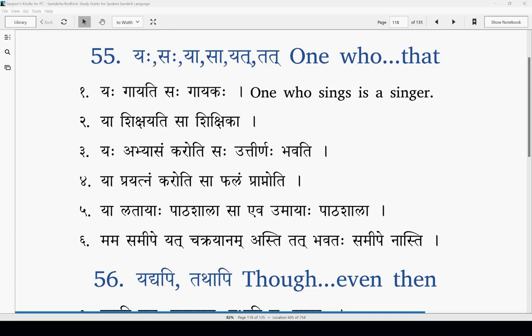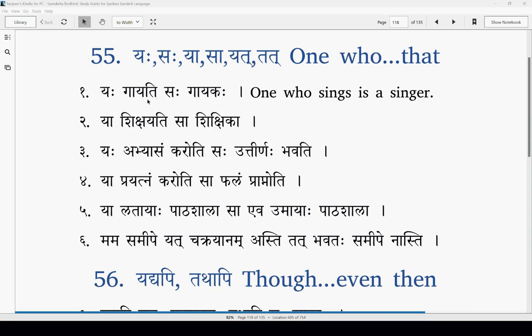But when they are used with another noun, then they can be Visheshanam. So, for example, in the first sentence, Yaha Gayati Saha Gayakaha. So here, Yaha Gayati, Yaha is a Sarvanama because it is not paired, there is no other noun which it is describing.